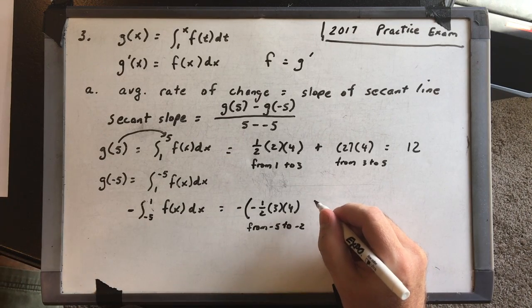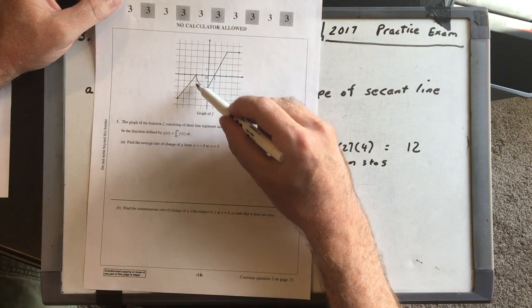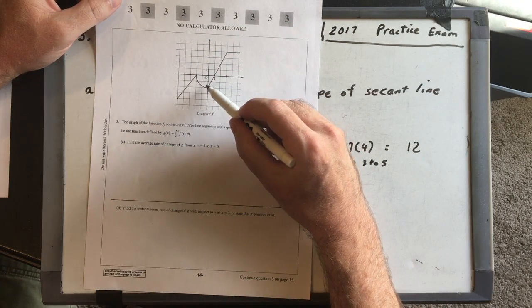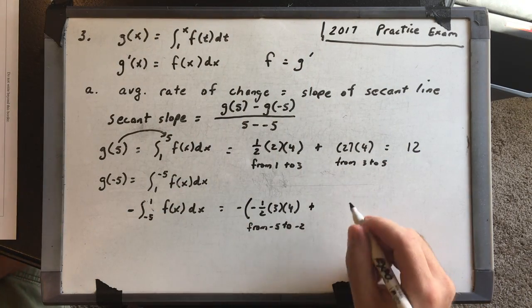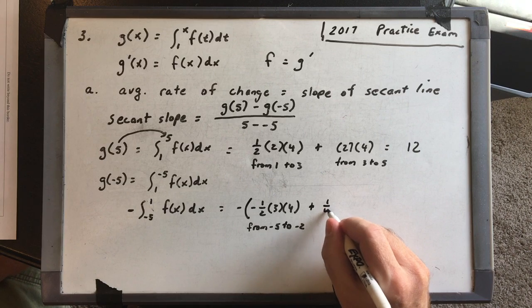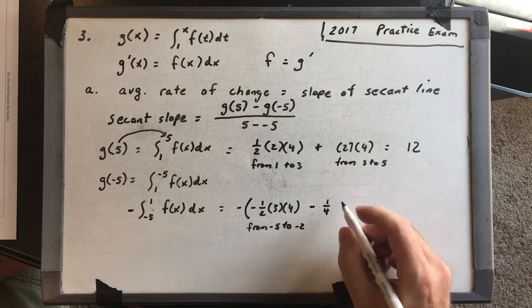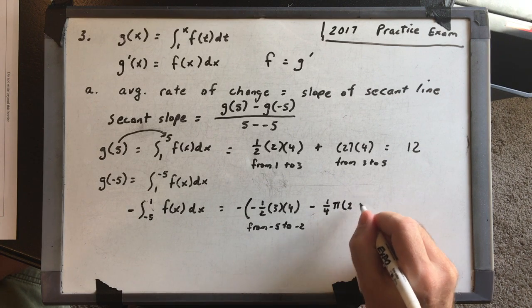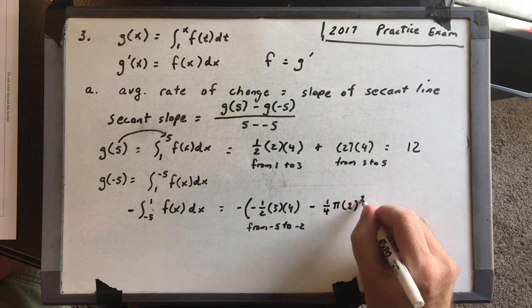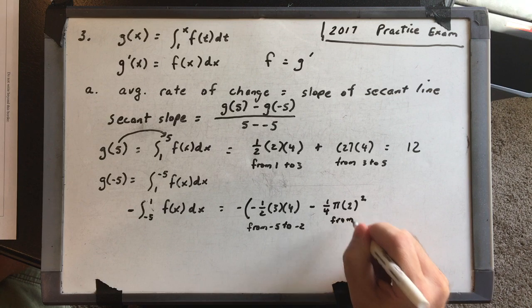Then we've got another shape from -2 to 0, a quarter circle. So that's going to be 1/4, but it's going to be negative because it's below the x-axis, so minus 1/4 pi r squared, and the radius is 2. So that's from -2 to 0.